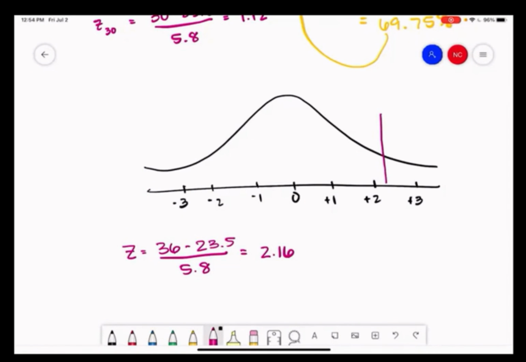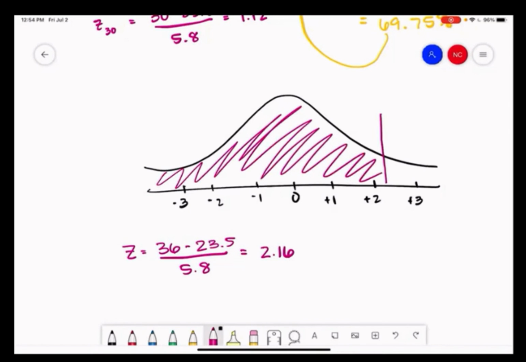Remember that when we look up a percentile on our z-table, it's going to give us the area to the left of that raw score. We actually want the area to the right. So in this instance, our target area is going to end up being 100% minus whatever we get for our z-score whenever we have a point of 36.